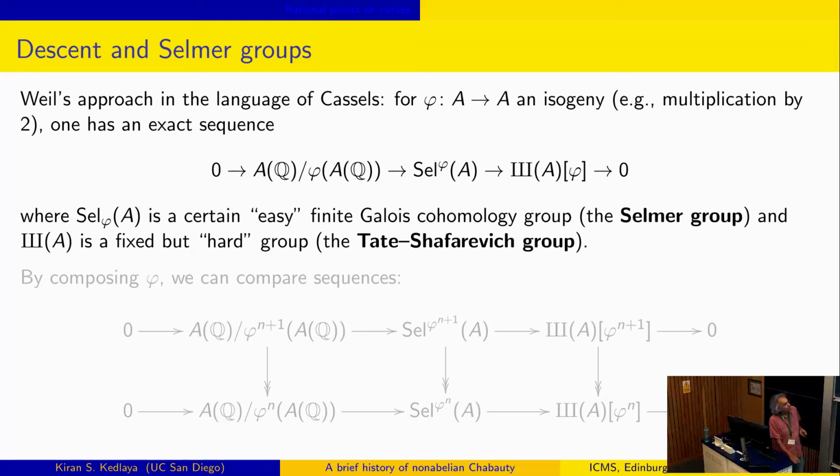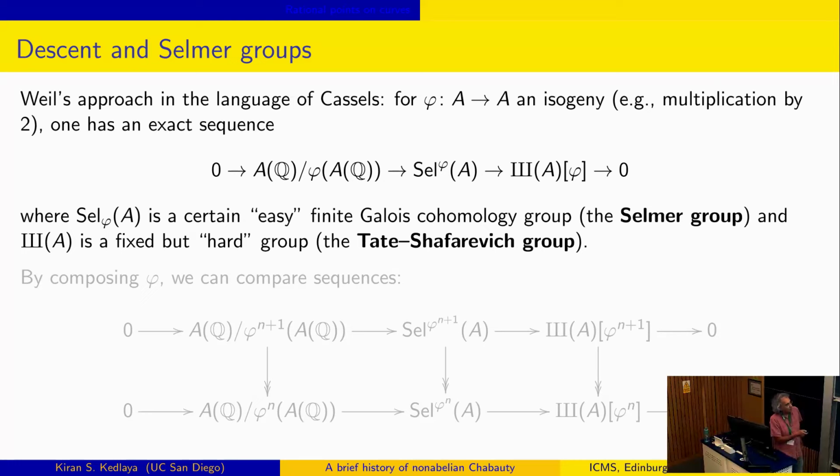In order to compute it, you look at the primes where A has bad reduction, and you need to know something about the maximal extension of the number field that only ramifies at certain places and has some controlled Galois group. So that's in principle something you can compute. In practice, it's not necessarily so easy, but for elliptic curves, this has been done in many cases.